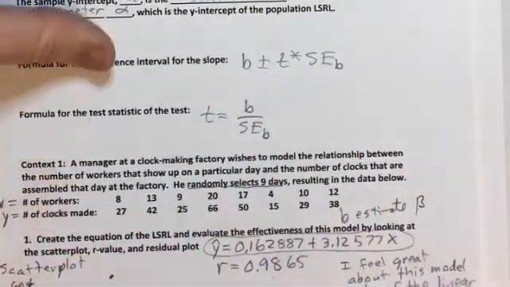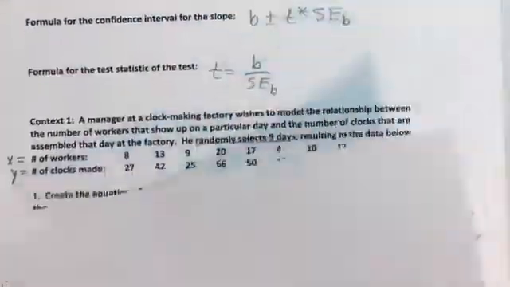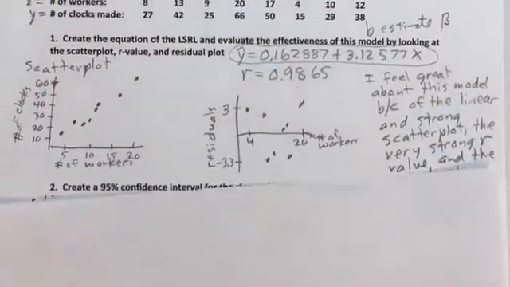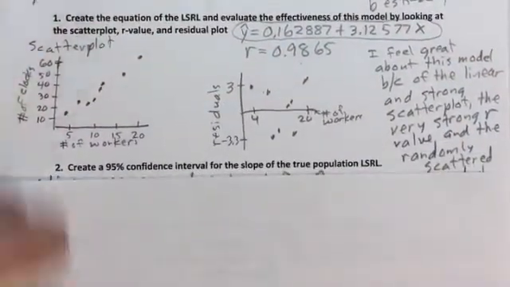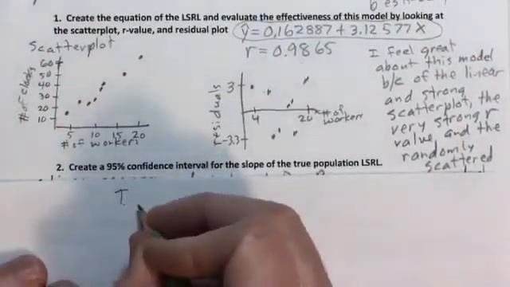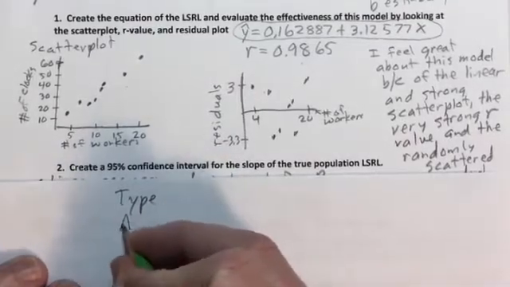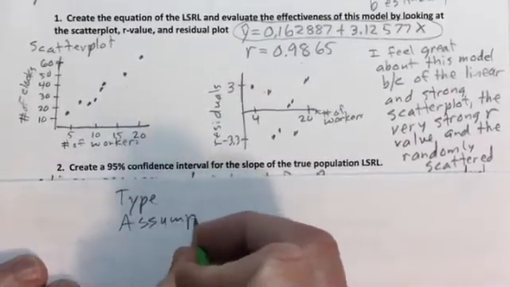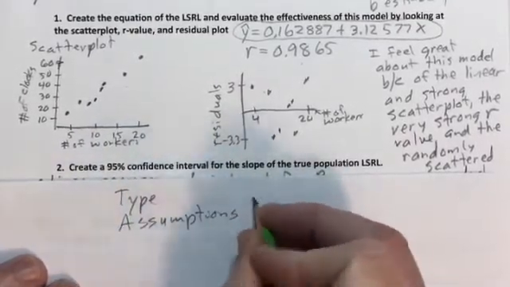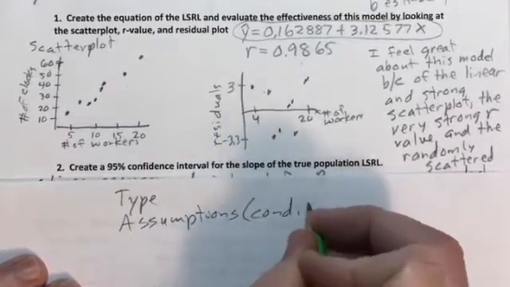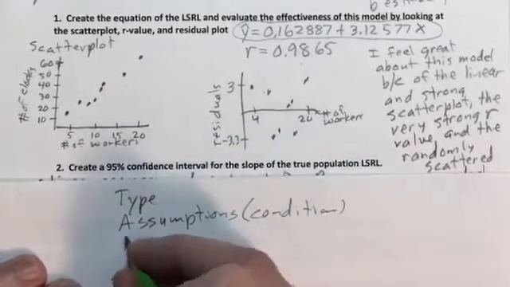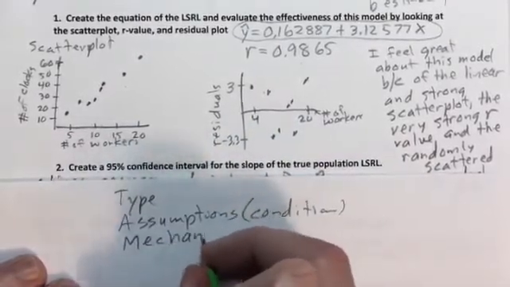Now, anytime you have to create a confidence interval, you have to do the TAME acronym. State the type of inference. Check our assumptions, otherwise known as our conditions. Then do our mechanics, in other words, make our interval.